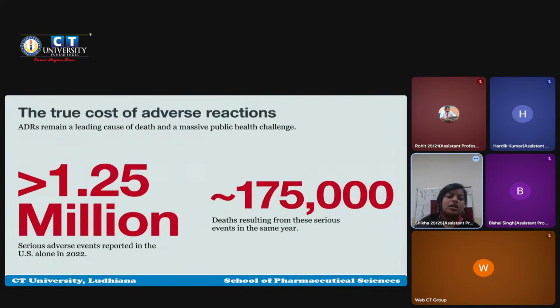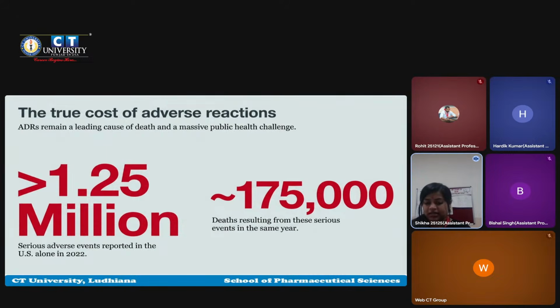Next is the true cost of adverse reactions. ADRs remain a leading cause of death and a massive public health challenge. More than 1.25 million serious adverse events were reported in the US alone in 2022, with approximately 175,000 deaths resulting from these serious events in the same year.